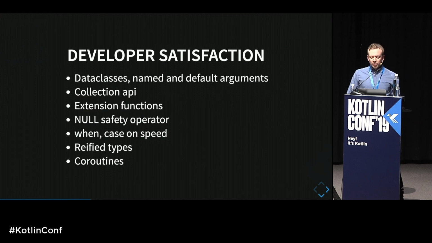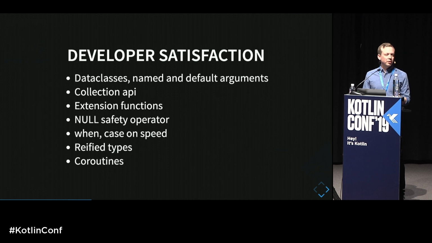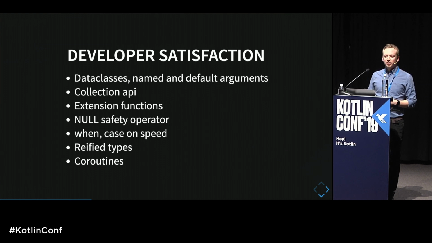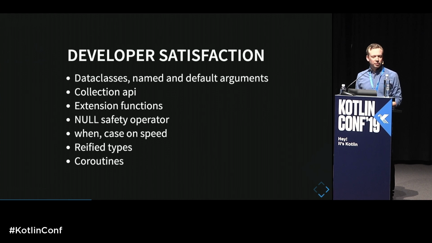The main part is sort of developer satisfaction. That's what's been driving the adoption of Kotlin. These points are nothing new. You've probably read them 1,000 times. But it's worth mentioning as these really provide the basis of why I think most developers are so happy.